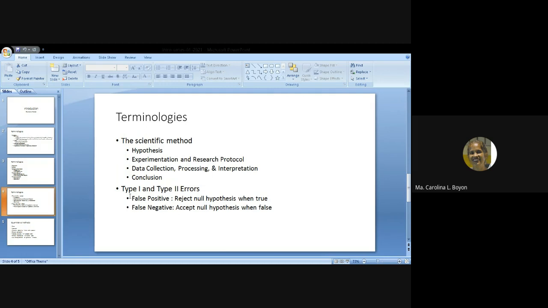Okay. For the experimentation and research protocol, with the scientific method, there is no way that you cannot declare a valid protocol. Where do you refer to when you develop your research protocol? Generally, you refer to researches which have been completed and which are similar to your field of inquiry or to your study.